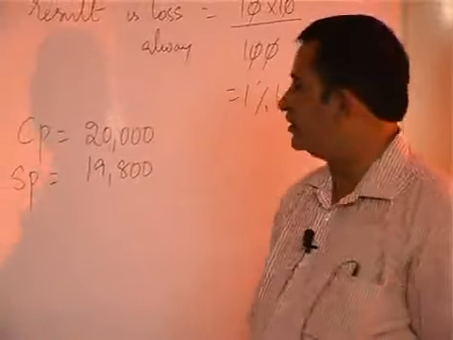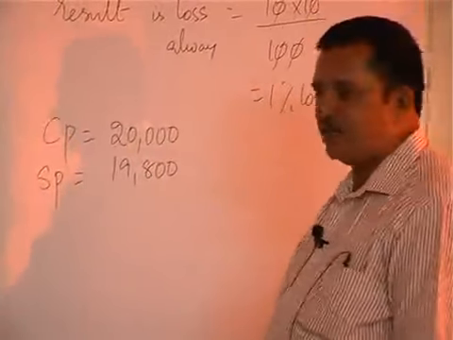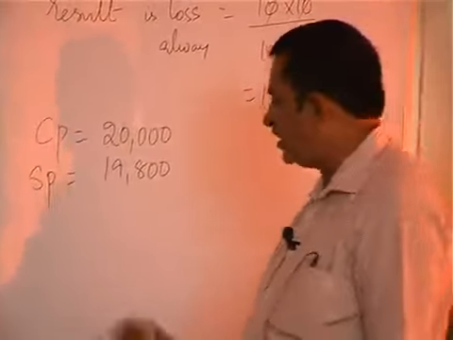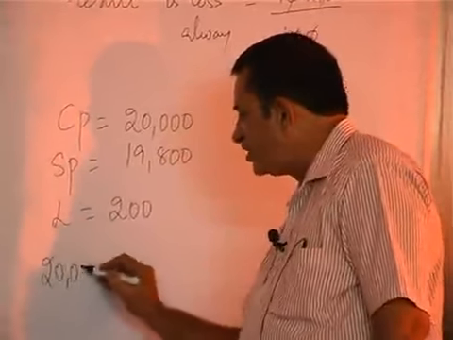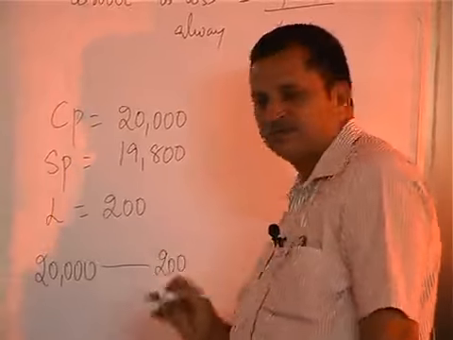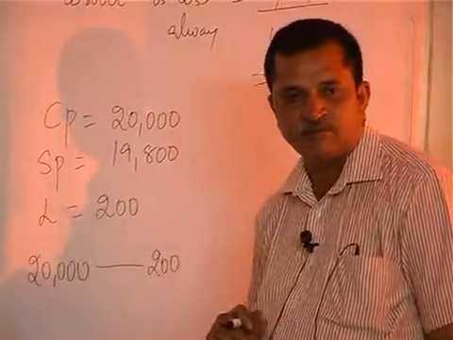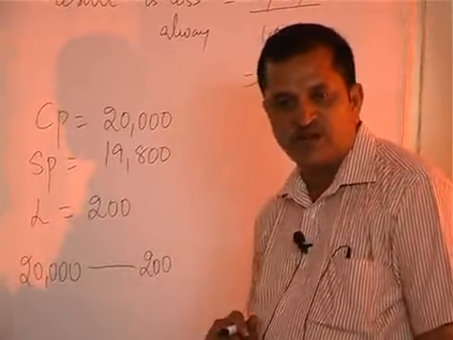Investment is 20,000. Selling price put together is 19,800. So there is a loss of 200. So for an investment of 20,000, there is a loss of 200.